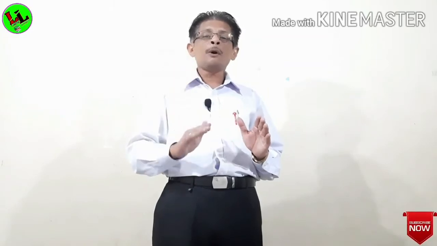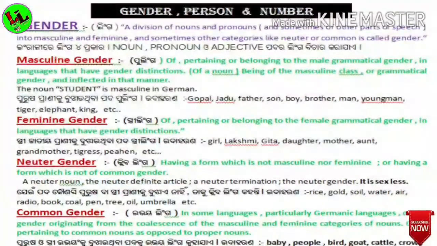So you have to know definitely about gender, person and number. And in the definition of gender, I have already told you. And genders are of 4 types. What are they? Now you see, first one is masculine gender, of pertaining or belonging to the male grammatical gender in a language that of gender distinctions of a noun, being of masculine class or grammatical gender and inflected in that manner.